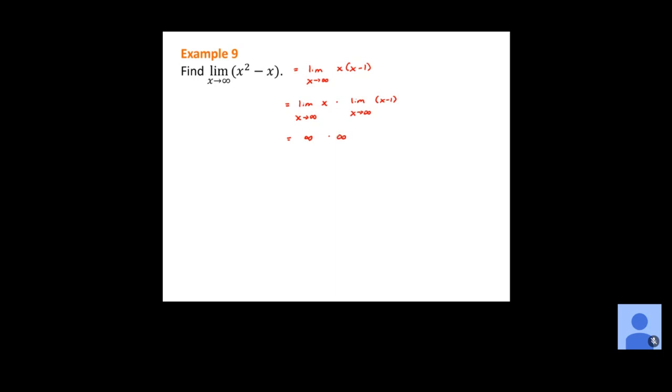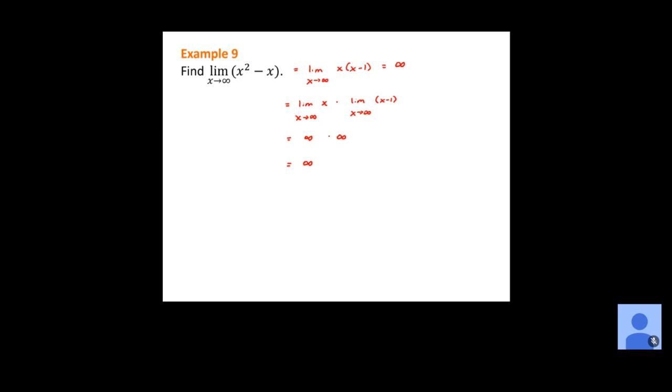Well, if I multiply two infinitely large values together, two positive infinitely large values, what is that overall limit going to be equal to then? Infinity, right? Okay, so infinitely large value times infinitely large value should give us infinity. So this overall limit now is approaching infinity.